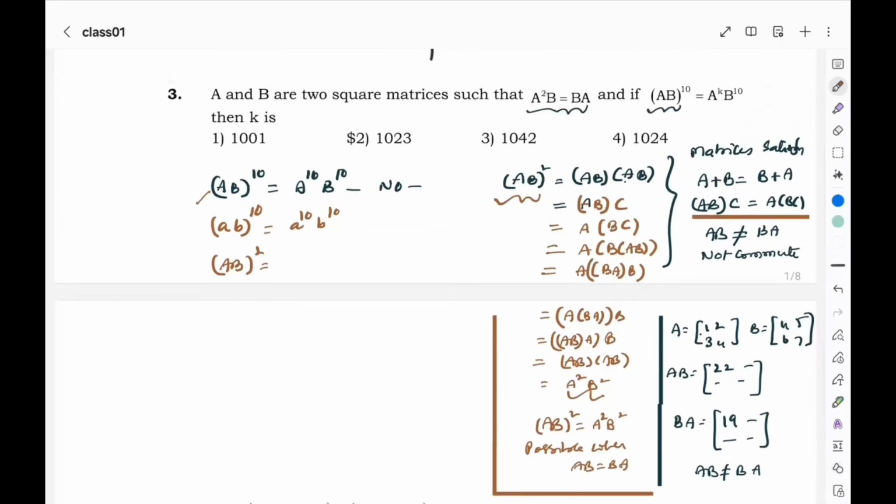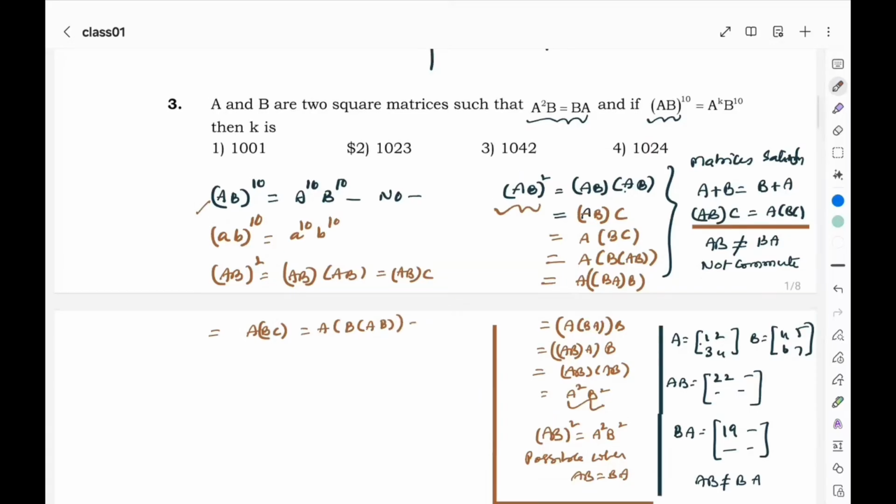This one is AB of AB, which you get by the associative property. It is like A of BC, in the sense A of B of AB.